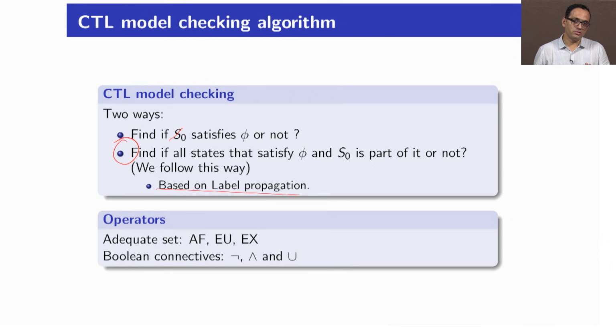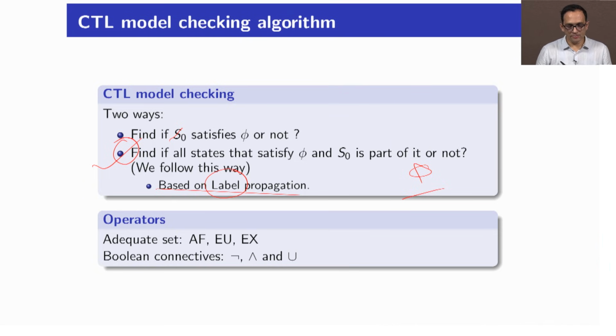So I am not going to do the exact, precise path identification and check whether the formula holds on that path or not. Rather, I will propagate the labels starting from some start states, and then see which states can be labeled with phi. Okay, and that algorithm is more efficient. So this is the approach we are going to follow in our model checking algorithm.